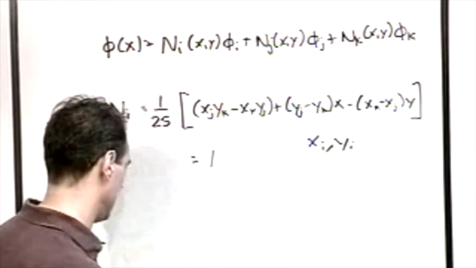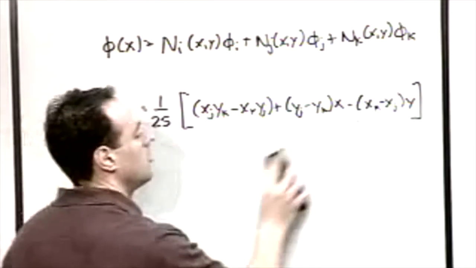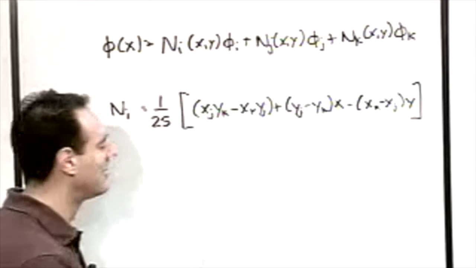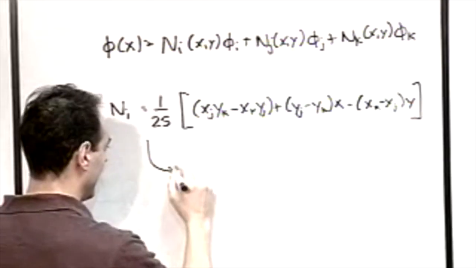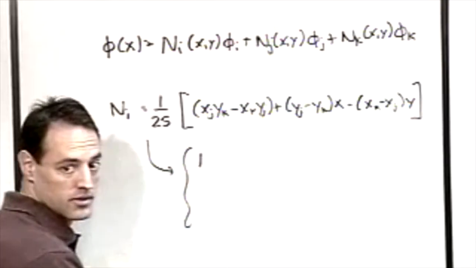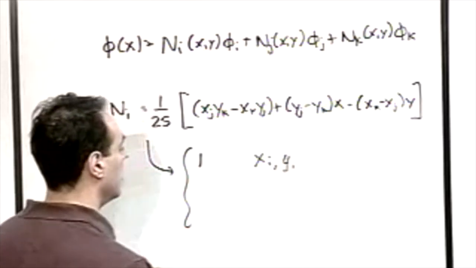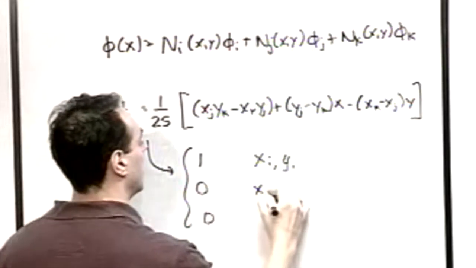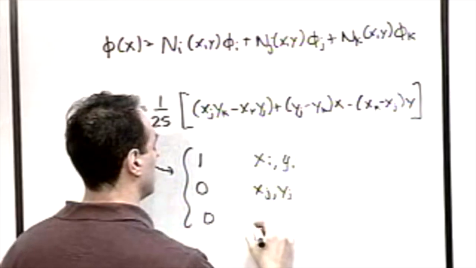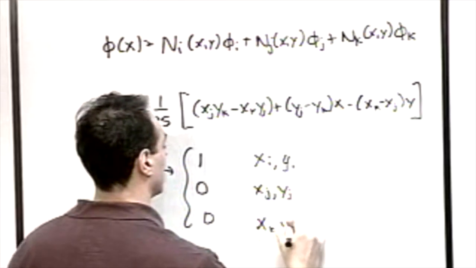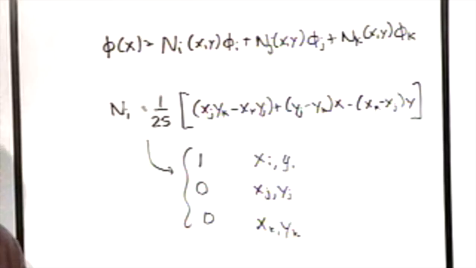Okay, well, let me write this down without verifying it. This is 1 when you're at the point x of i, y sub i. It's 0 at the following points. And the reason is, it's not so simple to see, actually.